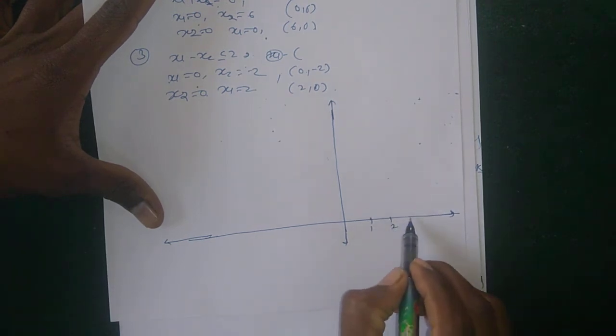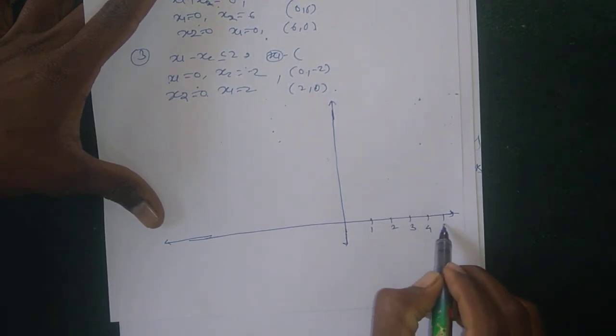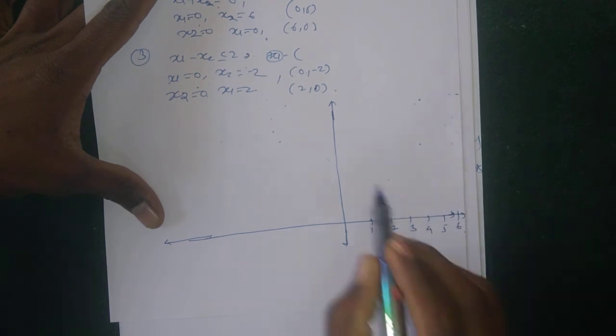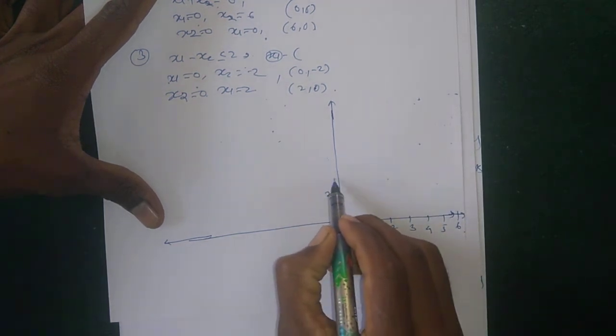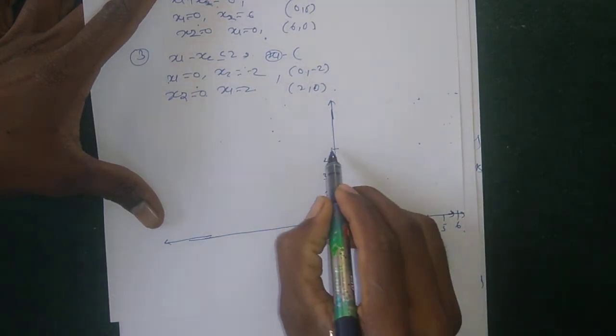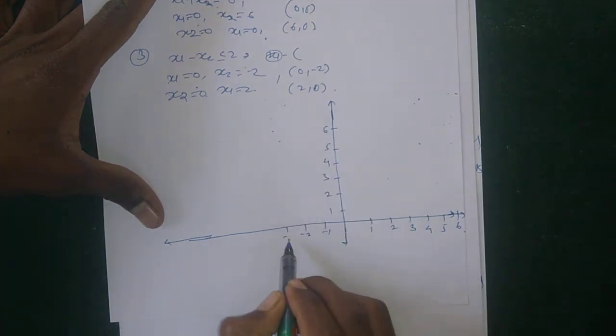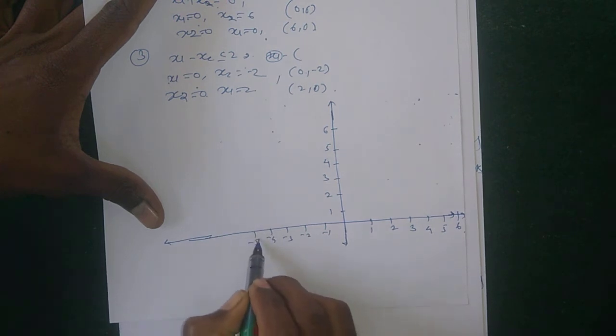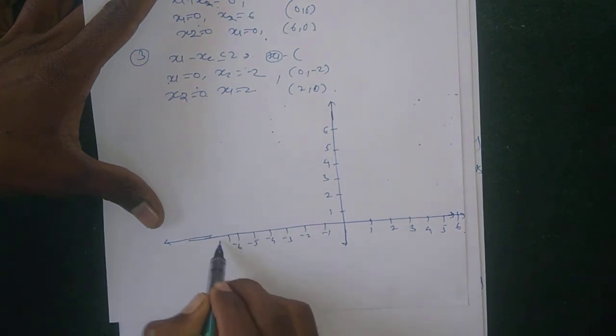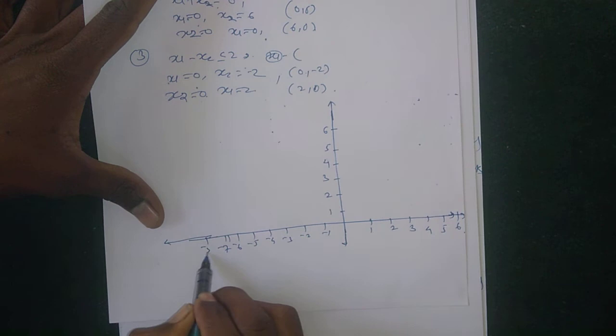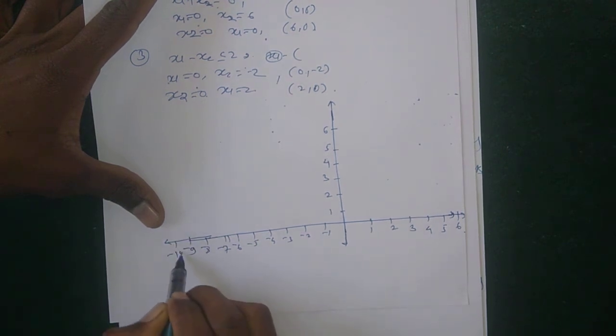Here 1, 2, 3, 4, 5, and lastly here 6. Here 1, 2, 3, 4, 5, 6. In this way, minus 1, minus 2, minus 3, minus 4, minus 5, minus 6, minus 7, minus 8, minus 9, and minus 10.